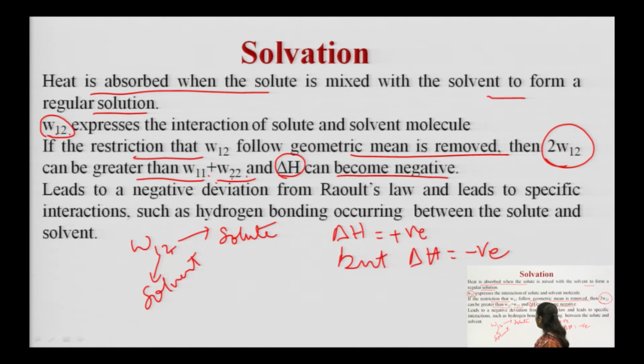Okay? And this can be seen if, in place of van der Waals force of attraction, we think that other bonds may also form, like hydrogen bond formation. If hydrogen bond formation takes place, this del H will become negative, and this may lead to the negative deviation of Raoult's law. We will study about Raoult's law in our coming lectures.